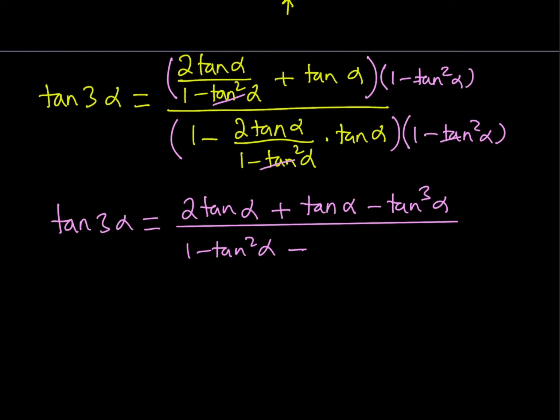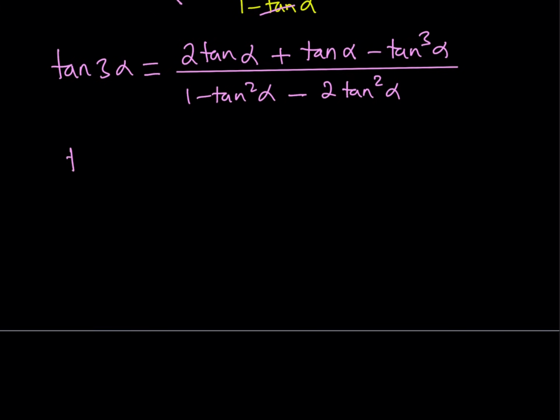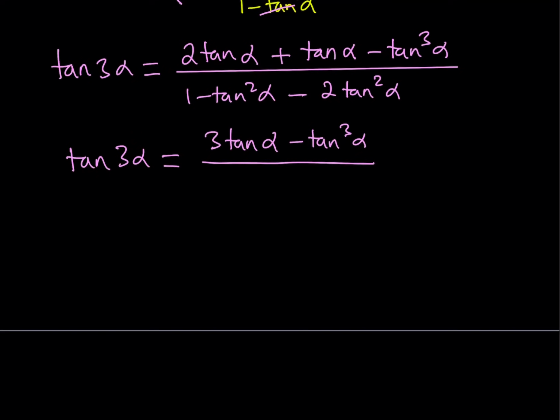You're going to end up with minus 2 tan squared alpha. Okay? And now this should give you the formula for tan 3 alpha, which can be written as 3 tan alpha minus tan cubed alpha divided by 1 minus 3 tan squared alpha.